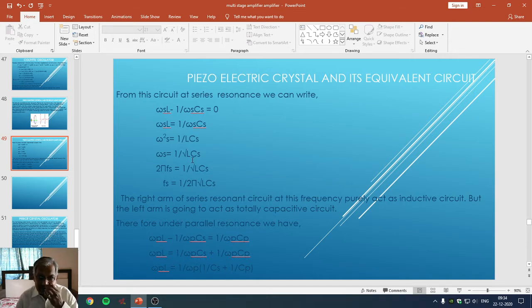Try to remember, S is only a symbol representing series resonance. But omega S is equal to 2 pi Fs, where Fs is the series resonating frequency. Therefore, the equation becomes 2 pi Fs equal to 1 upon root of L CS. Therefore, Fs equal to 1 upon 2 pi square root of L into CS.